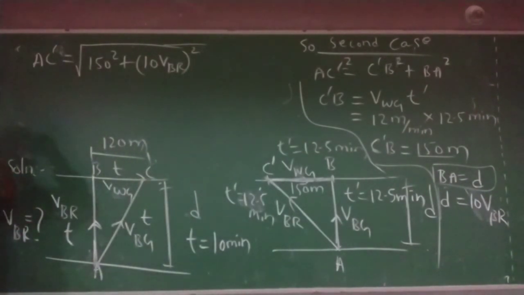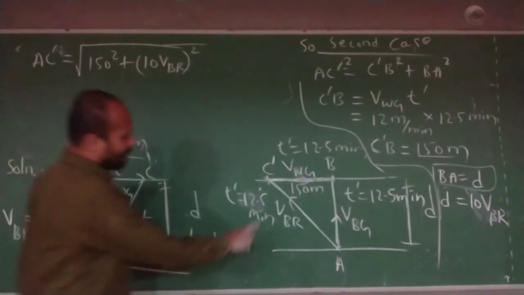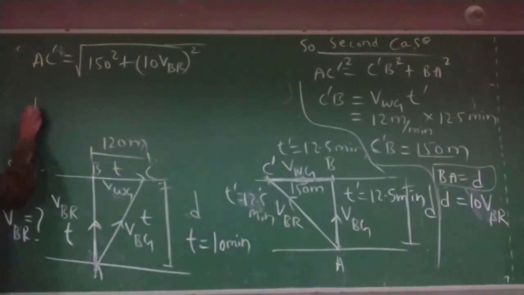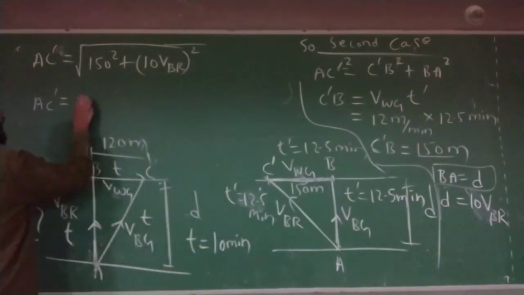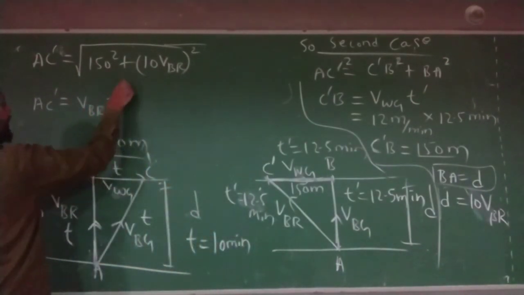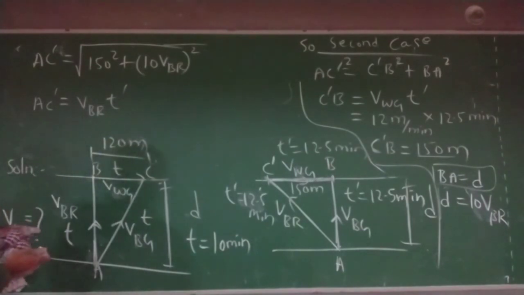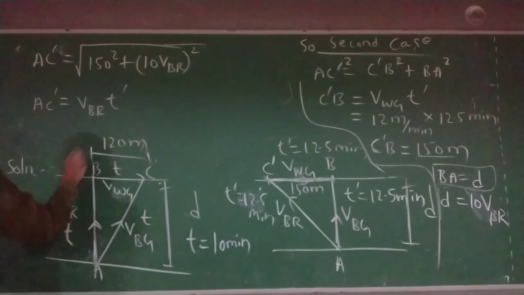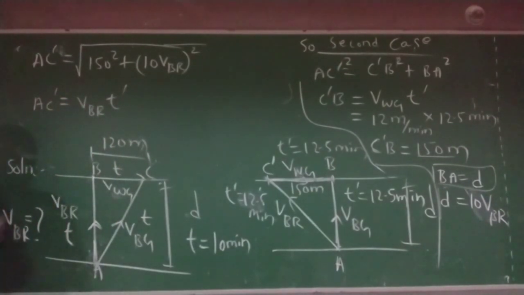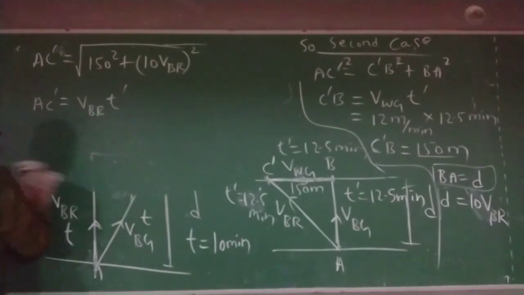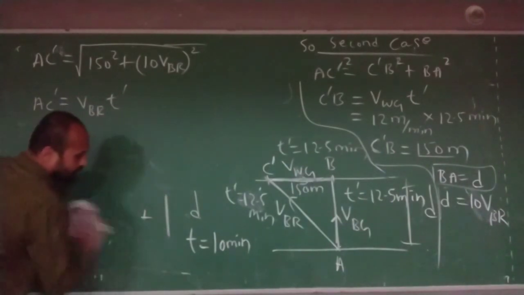So AC dash also can be written as distance is equal to VBR into T dash. What is the VBR? Here this equation, I am going to rub this now. Once I got this, my target is VBR.